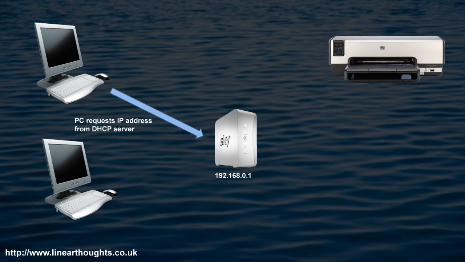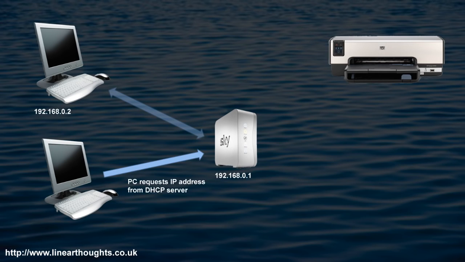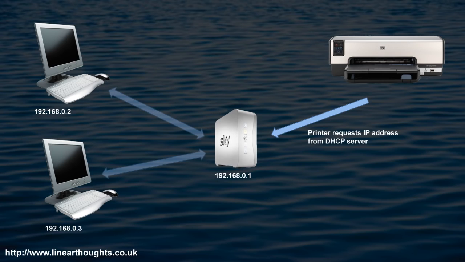Say for example the PC in the top left hand side is the first unit to join the network. It is then followed by the PC bottom left, and then this time around the printer is the third device to join the network. You will see that the devices are assigned different IP addresses this time around.